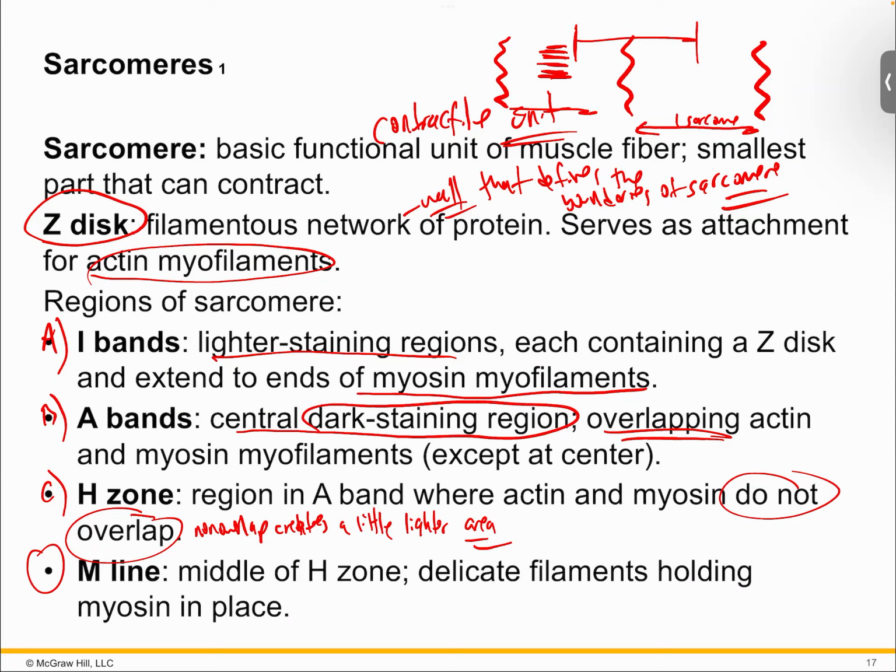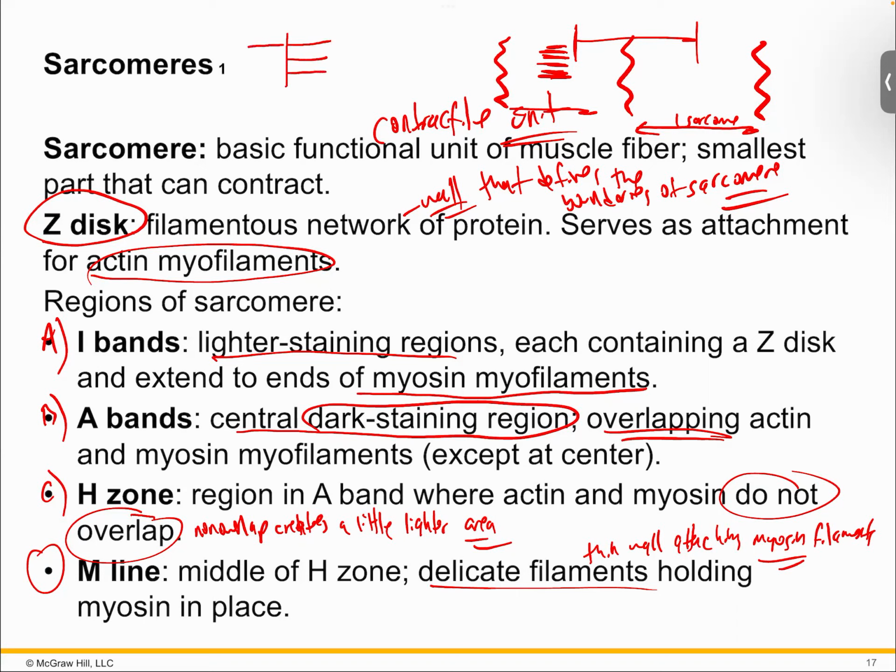And this is basically protein filaments similar to the Z line, only a little bit smaller. So this is kind of like a thin wall attaching the myosin filaments. So basically what you have is an M line to which you have myosin attached.